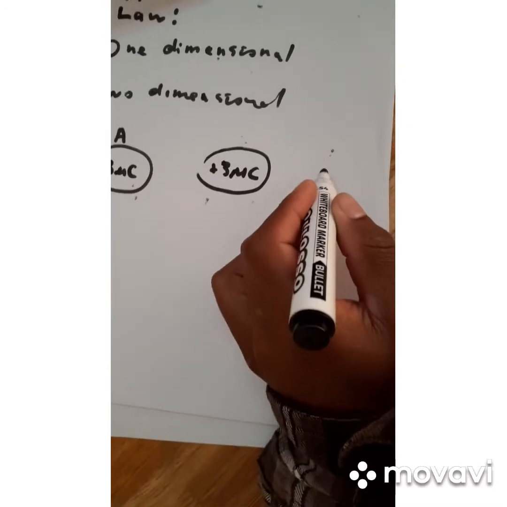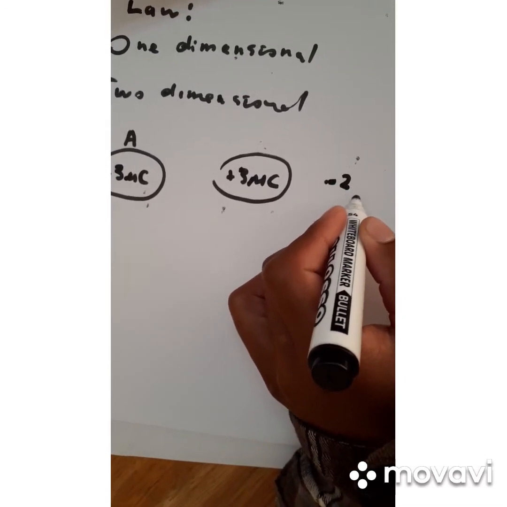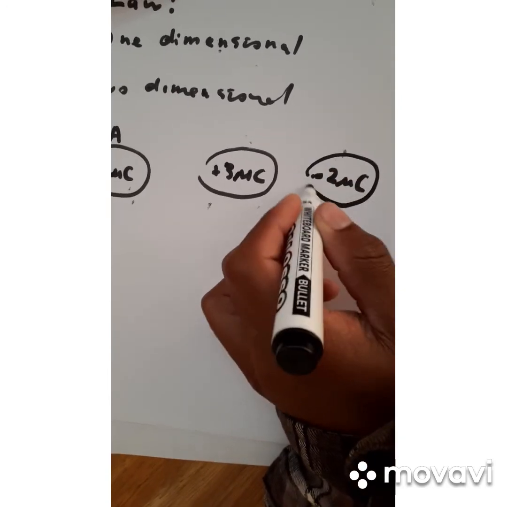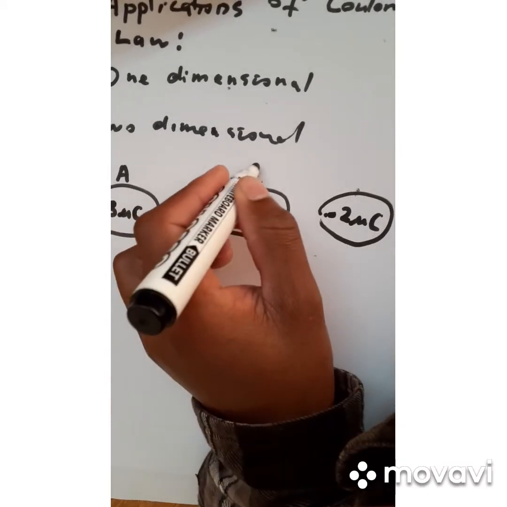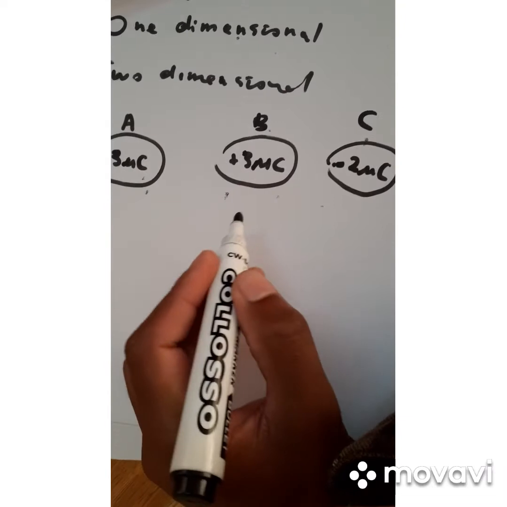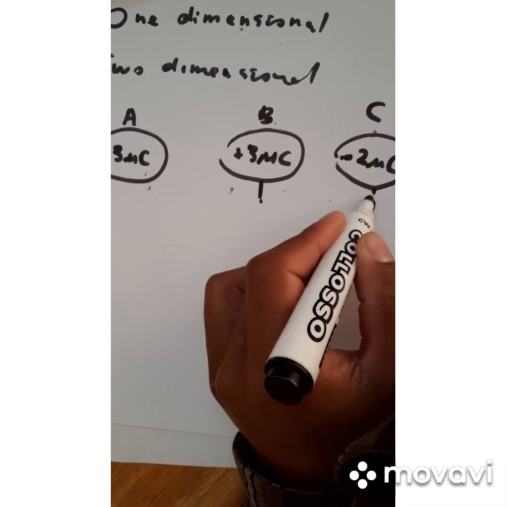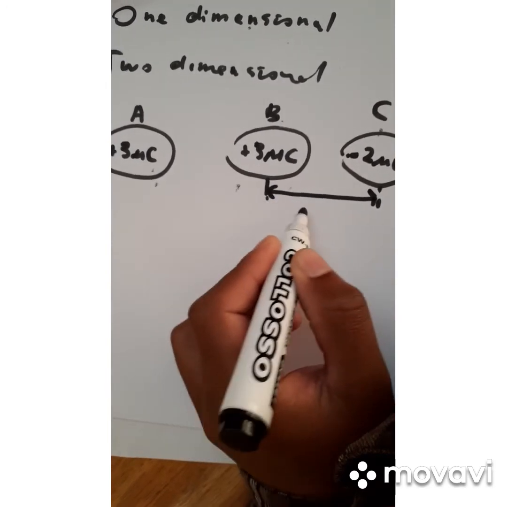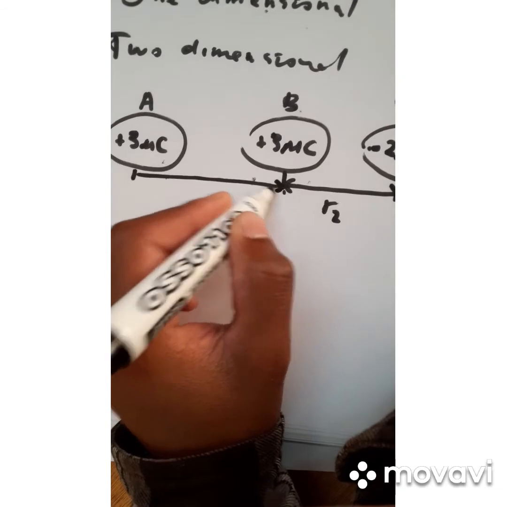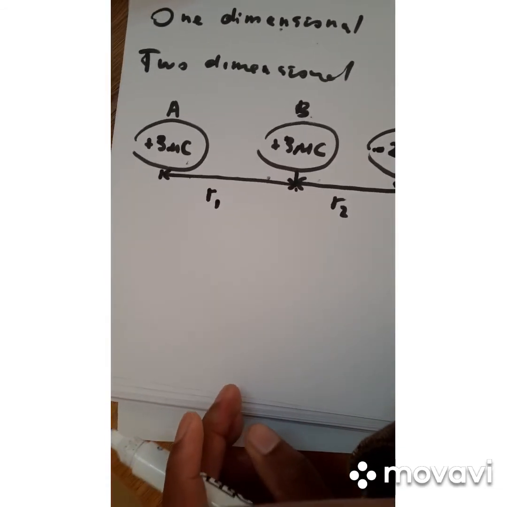You have another charge of negative 2 microcoulomb. Now it's A, B, C. Then you see the distance between this and this is, say, R2. The distance between this and that is going to be R1.